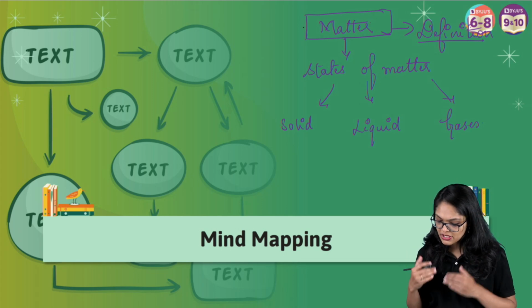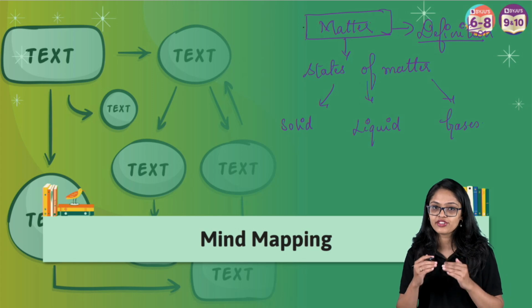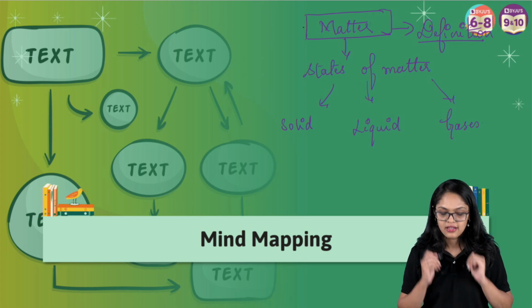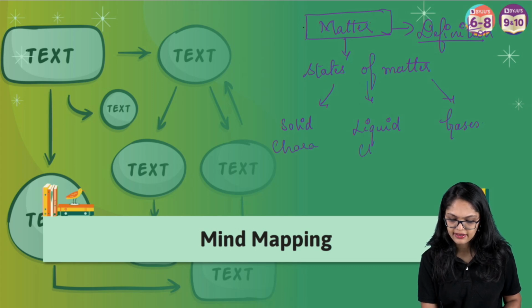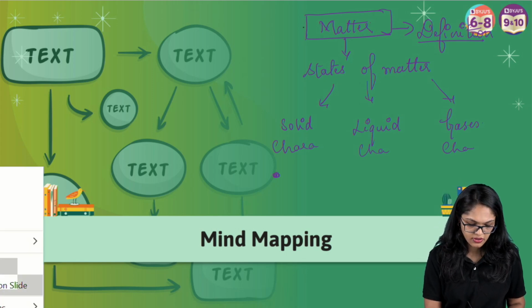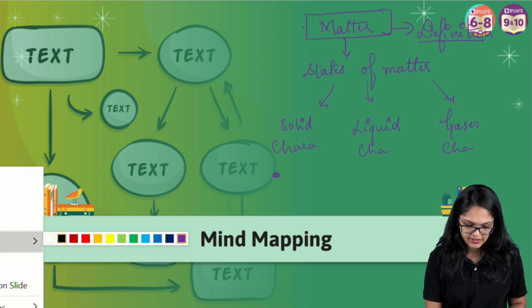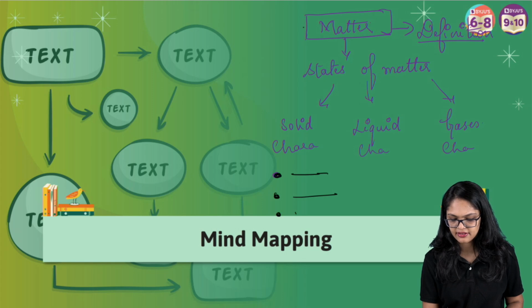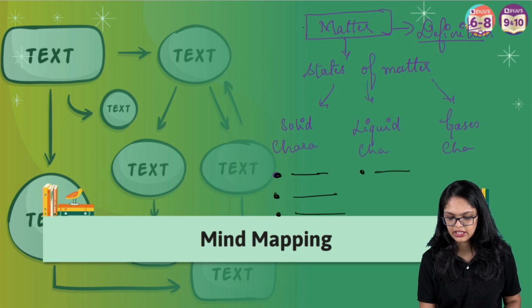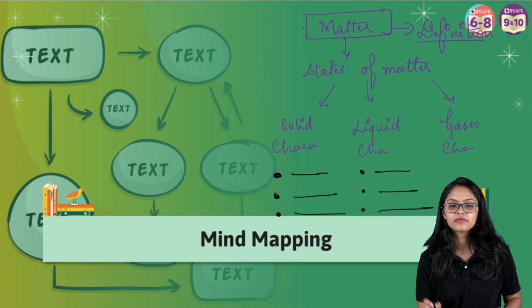Cool. Now I'm studying the characteristics of each and every state of matter. That is about solid. I'll give a side heading as characteristic, and again characteristic, and again characteristic. I'll write down the characteristics of each: first characteristic, second characteristic, third one. Same for liquid. Got it?